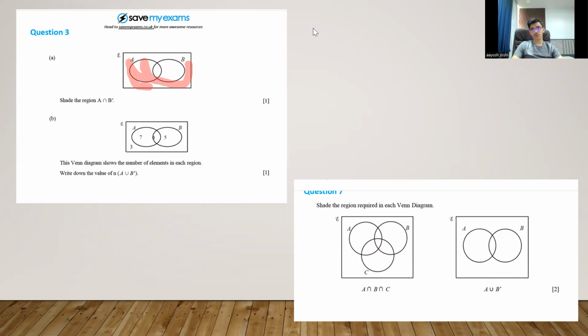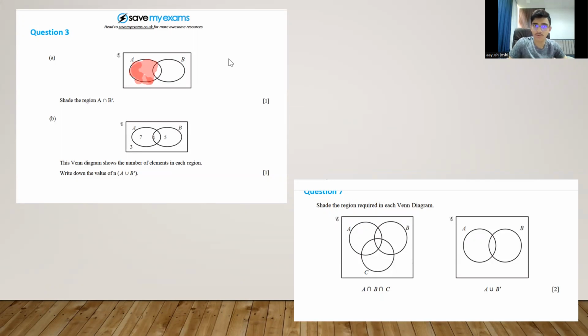So what you are going to shade here is this part only. You're not going to shade this intersecting part or the part of B or the part outside A and B, only this part. That means A intersecting B complement.